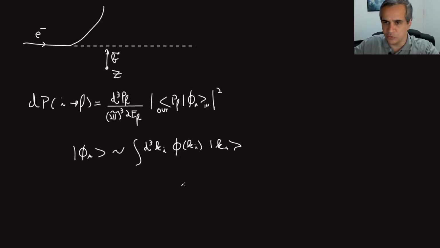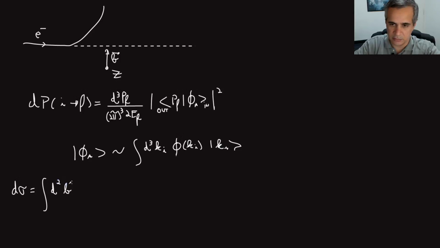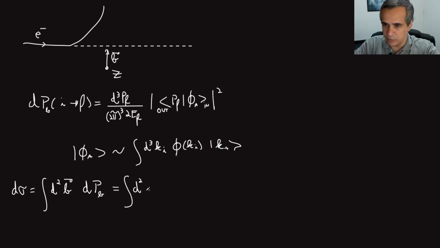Using this, we can do the usual game of writing the differential cross-section, which will be given by an integral over all impact parameters of this expression that depends on b. I can even put a b here, which is, now let me write this explicitly, d2b, and then I'm putting this guy in.